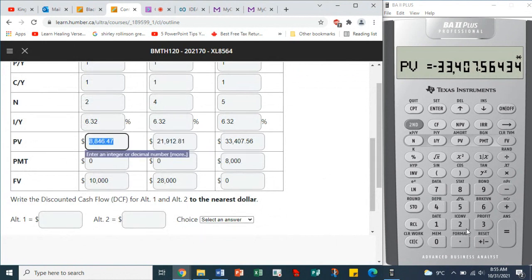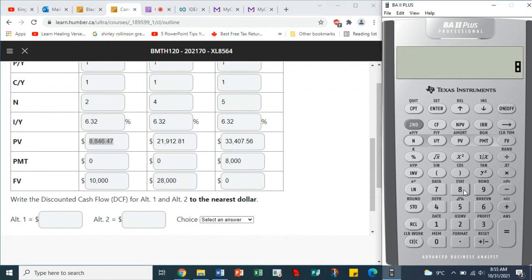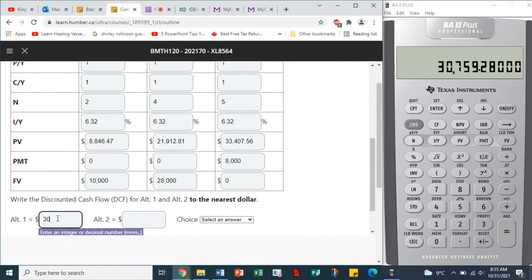So 8846.47 plus 21912.81, and that's equal to 30759. And since we're rounding to the nearest dollar, we'll just drop the 0.28.